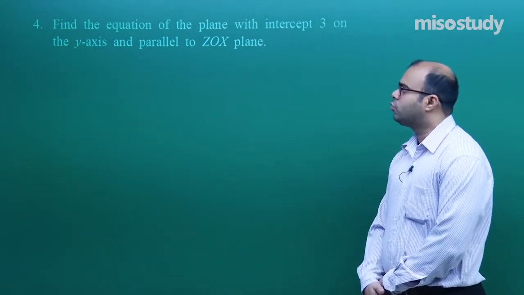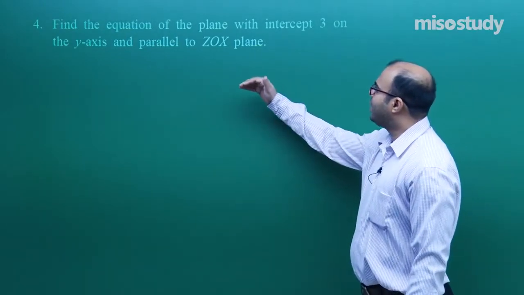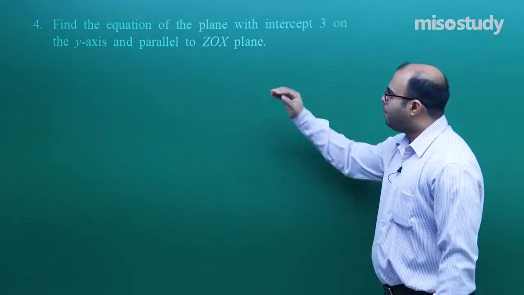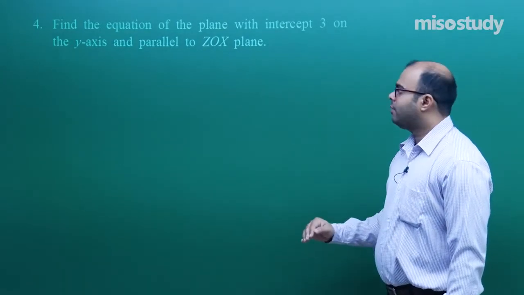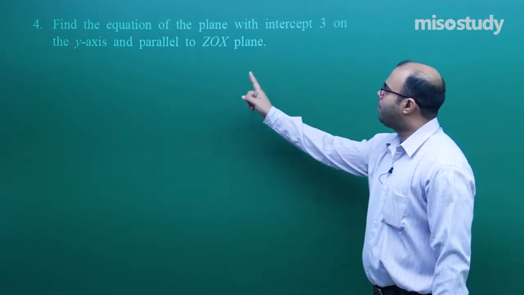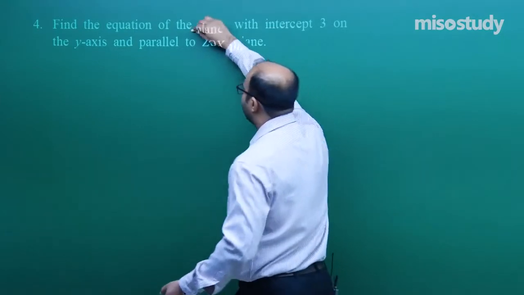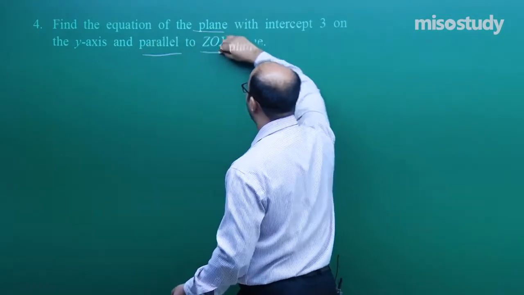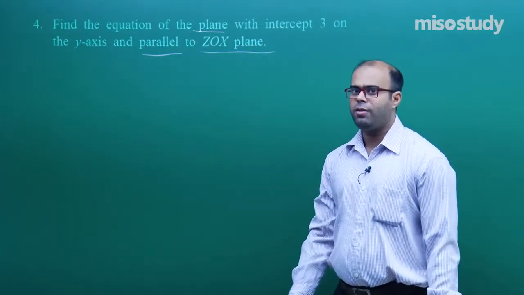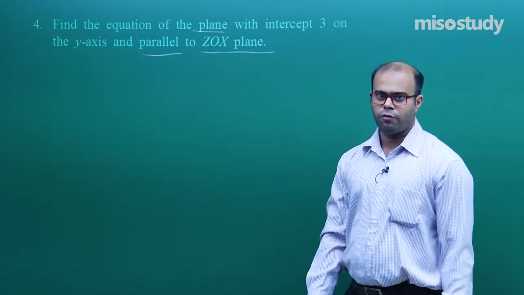So first we should go mathematically: if the plane is having intercept 3 on the y axis and is parallel to ZOX plane, which means the plane is parallel to ZOX plane, so the perpendicular to the plane, that is the normal vector, should be perpendicular to ZOX plane, of course.